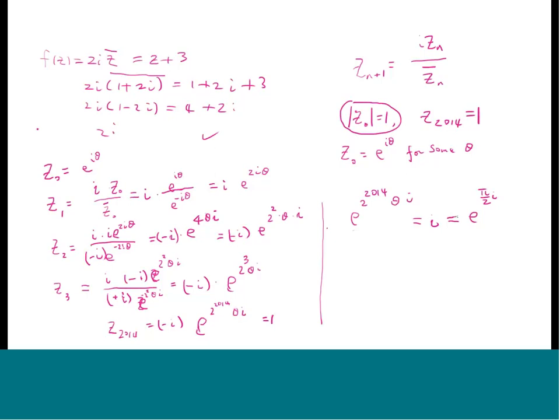So E to the something can be different from anything like 2 K pi I.